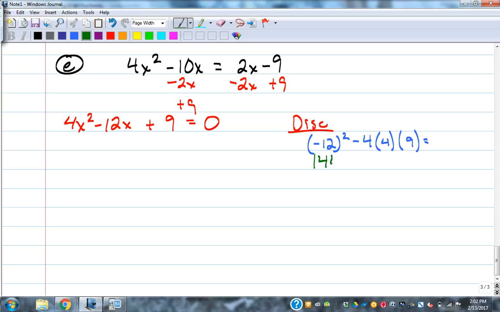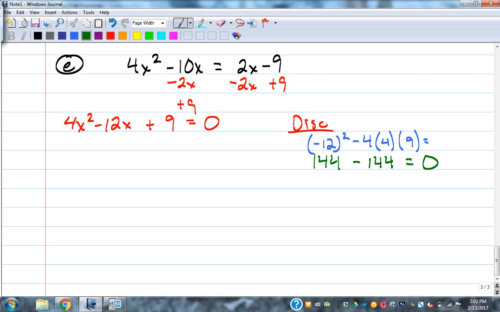So that's 144, and then 9 times 36, or 9 times 16 is 90 plus 36. Did I do that right? Yeah. 9 times 4 is 36, times 4. 36 times 4 is 144. I know that. So the discriminant is how much?